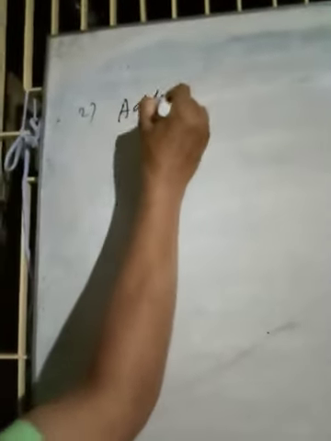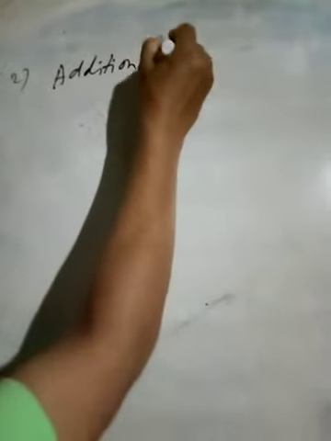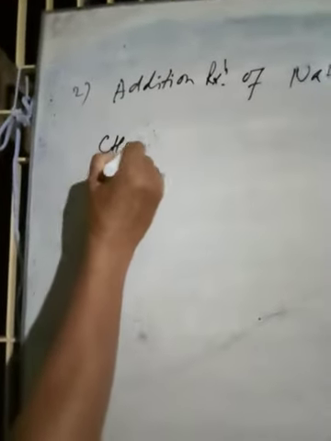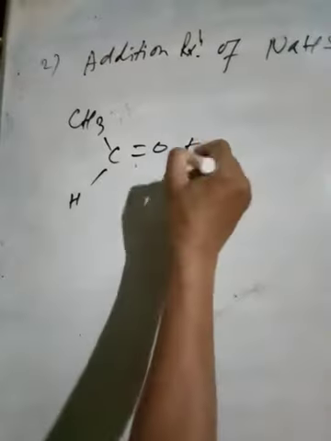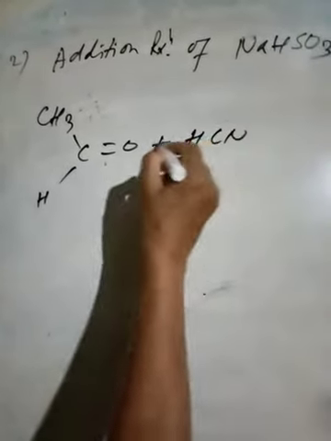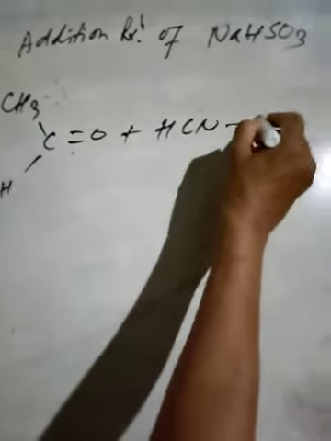Number 2, addition reaction of sodium bisulfite, NaHSO3. CH3C double bond OH. Sorry, I have given you HCN once. Now we will take NaHSO3, sodium bisulfite.